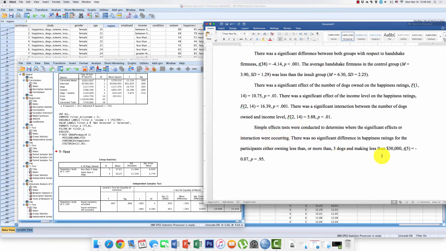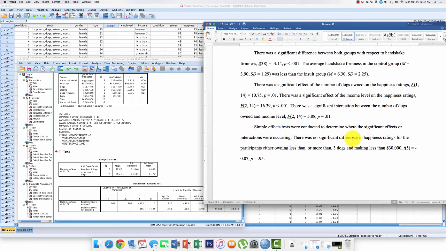Okay, so we've got that part. Now trying to think of how I can extend this. Our interactions are occurring. Okay, participants either owning less than or more than 3 dogs, as well as, there you go.